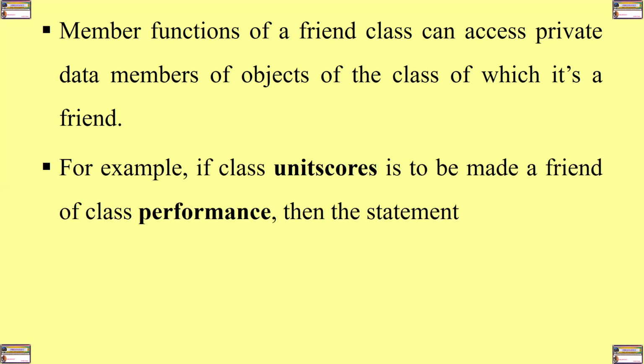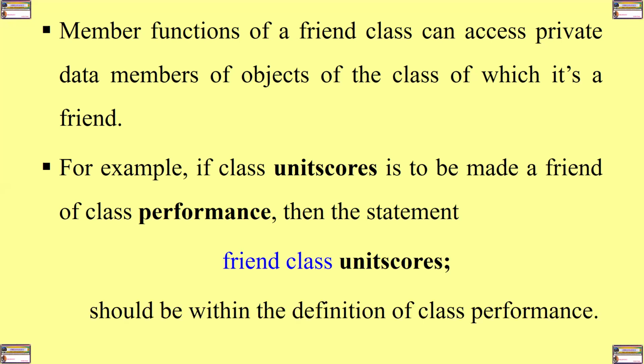For example, if a class by the name UnitScores is to be made a friend of a class called performance, then the statement friend class UnitScores should be within the definition of class performance.